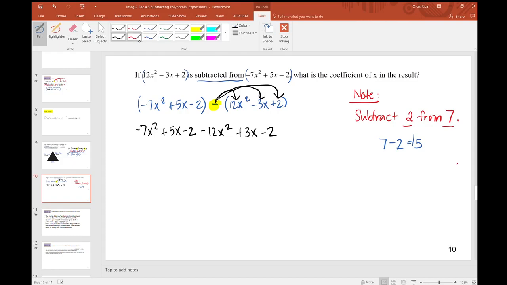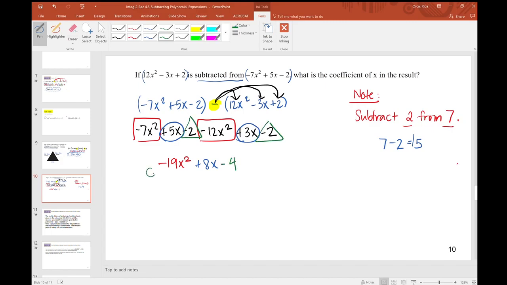Now let's combine. Negative 7x squared minus 12x squared is negative 19x squared. 5x plus 3x is 8x. And negative 2 minus 2 is negative 4. When we subtracted the two trinomials, we got negative 19x squared plus 8x minus 4.